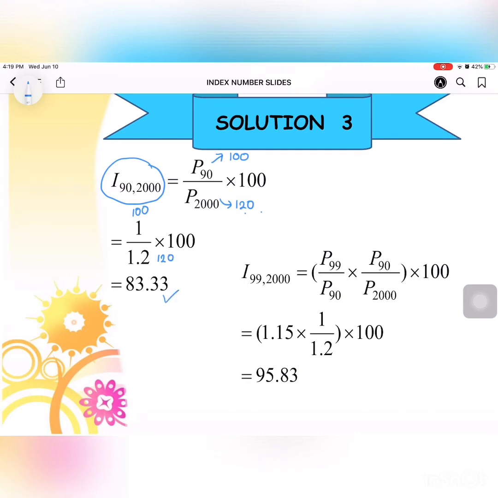Now, for the price index of 99 on base 2000, there's a little thing that you need to understand. We are going to use the chain rule. Okay, wait.